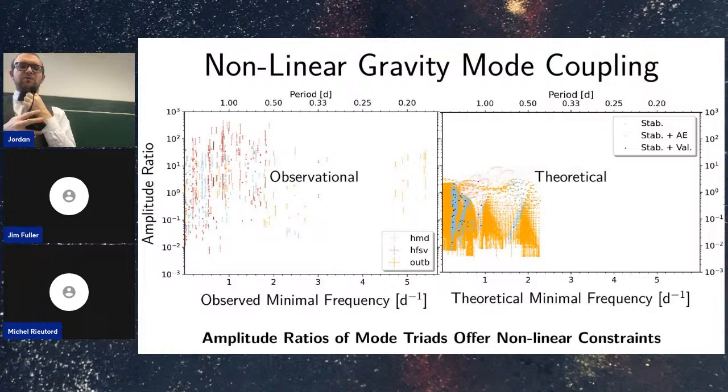I actually am not sure if that is a correlation that we can get out of this sample, because I know that there are specific stars with relatively low amplitude modes for which we found many combinations.